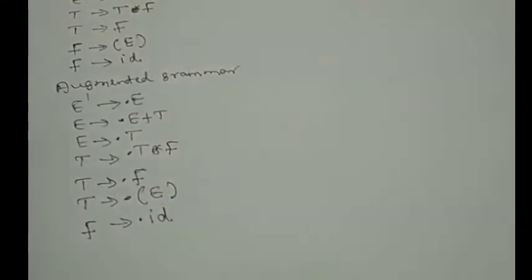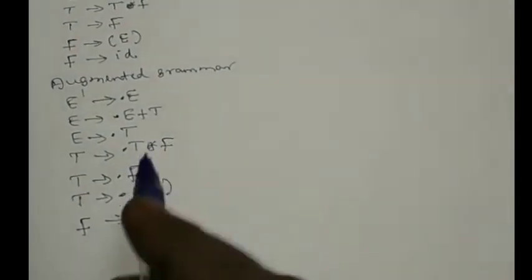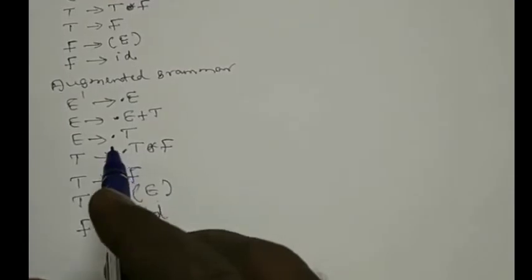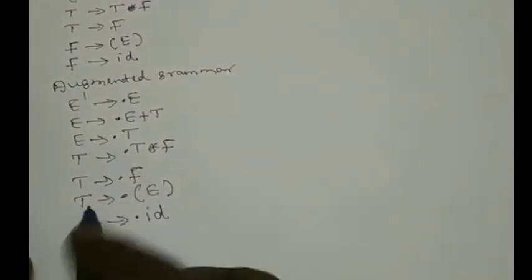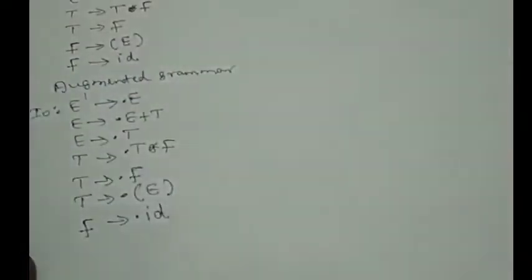Okay, so these are the productions of the augmented grammar. Now we will introduce this new augmented grammar item set as item set 0. So I just name it as item set 0.